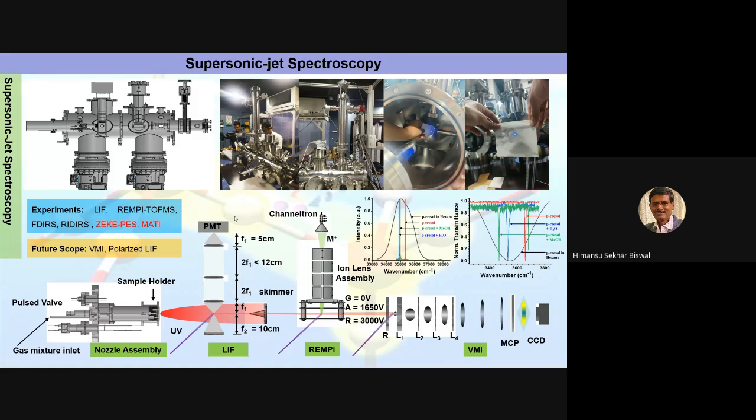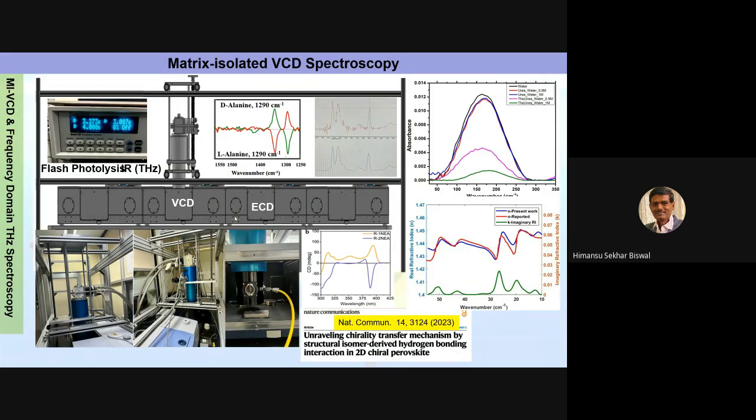These instruments are highly expensive, highly time consuming, highly fragile. Many difficulties are there. So this is another spectroscopic method we are building here, called matrix isolated spectroscopy. Besides the other one, the supersonic jet spectroscopy, where we have a single molecule, here we make an argon matrix.